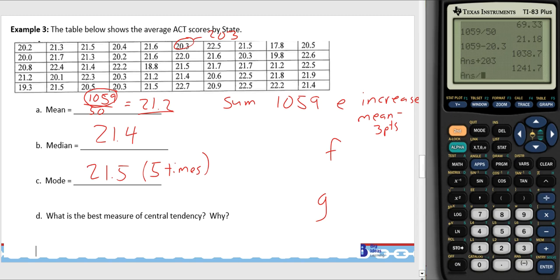Right, so if I divide that by 50, our mean goes up actually more than 3 points, 3.5 points. That's about an 8% increase. So that definitely makes our mean invalid.